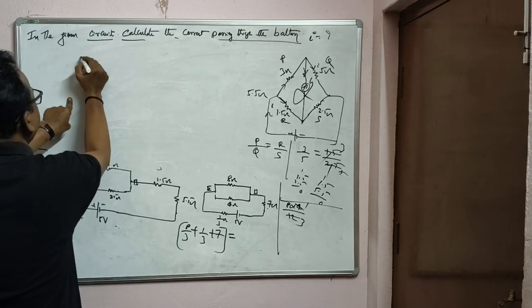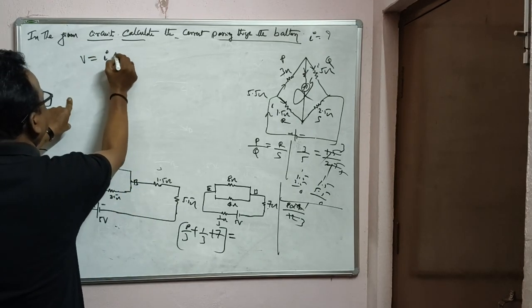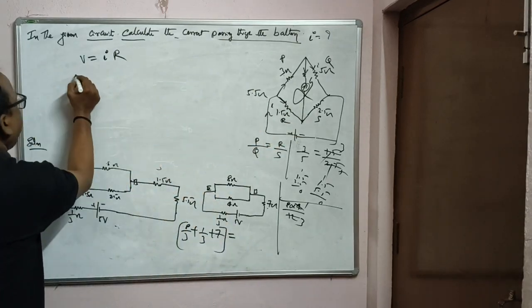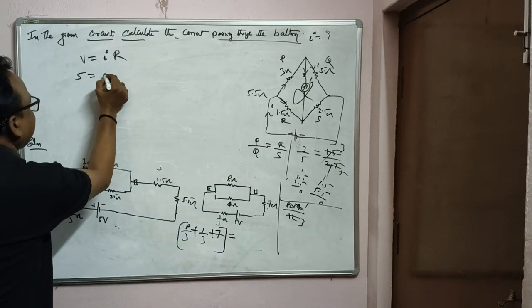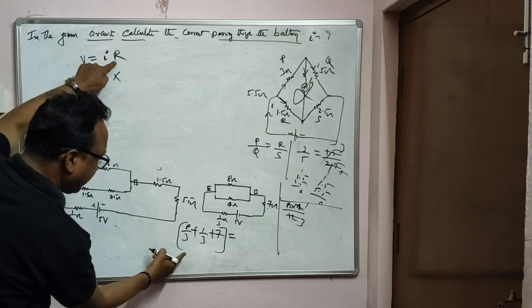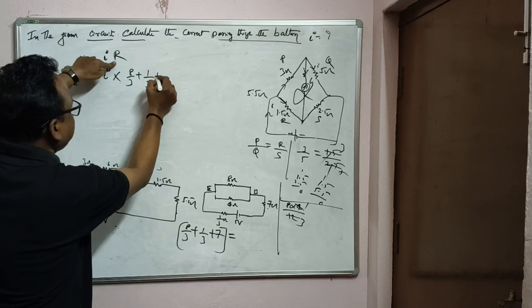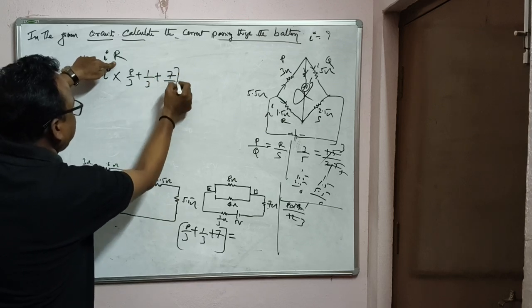Now we know Ohm's law, V is equal to IR. He's asking the current through the battery, 5 volt battery. V is given, I have to calculate. And R, effective resistance, how much? 8/3 series, 1/3 series, 7, that is 7/1 series.